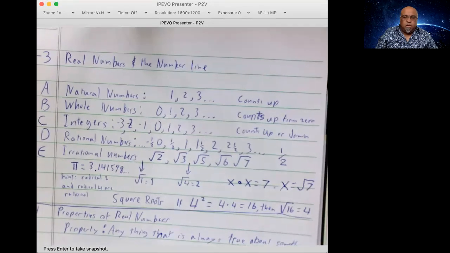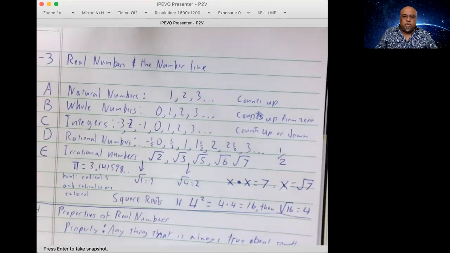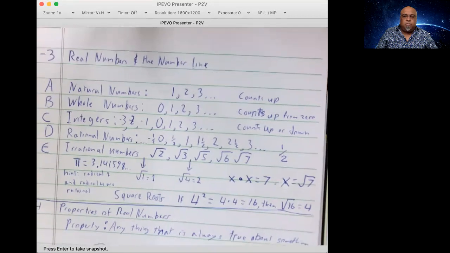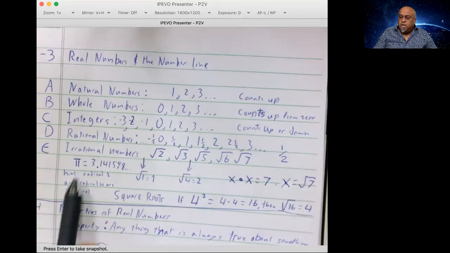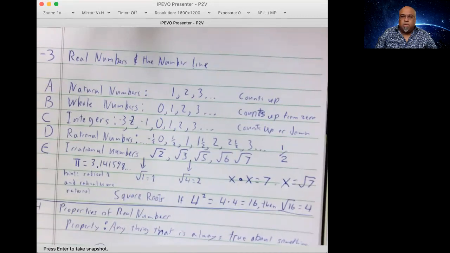Moving along. So irrational numbers, the easiest way to find an irrational number besides the well-known number pi is to find the radical of a number that is not a perfect square number.